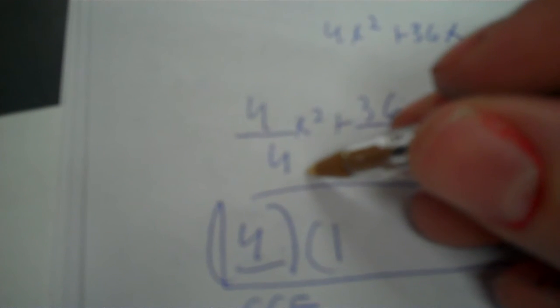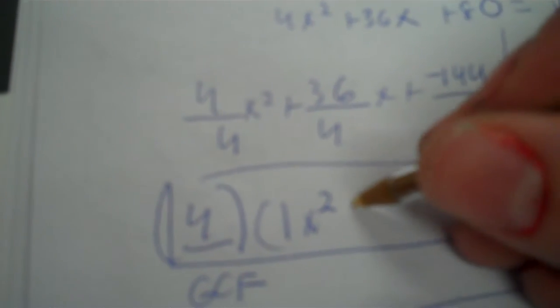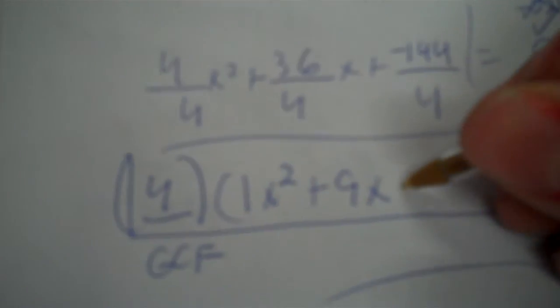But again, you're not doing 4x, you're not doing negative 4, you don't have x, you don't have the negative. Okay, so that's 1. Now, am I putting an x down there? I don't think I am, so it stays x to the second. Then that's 9, positive 9x. And then negative 144 divided by 4 is negative 36.